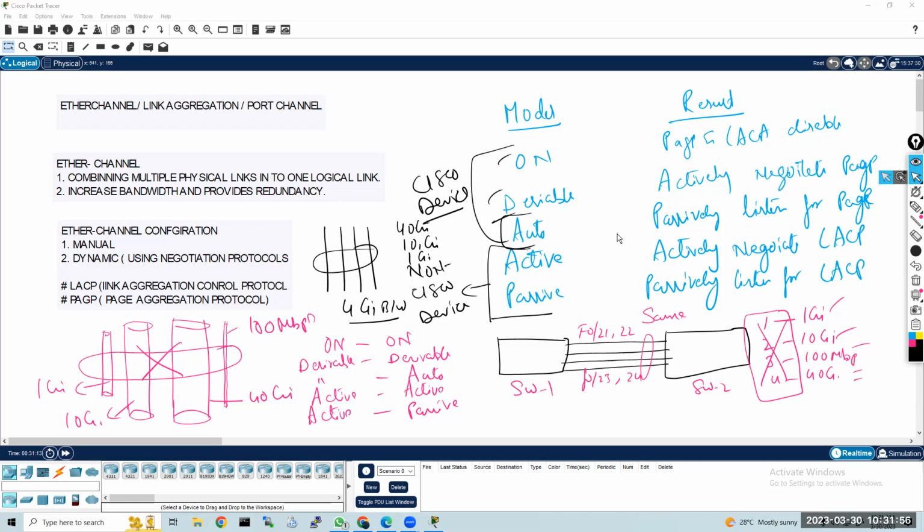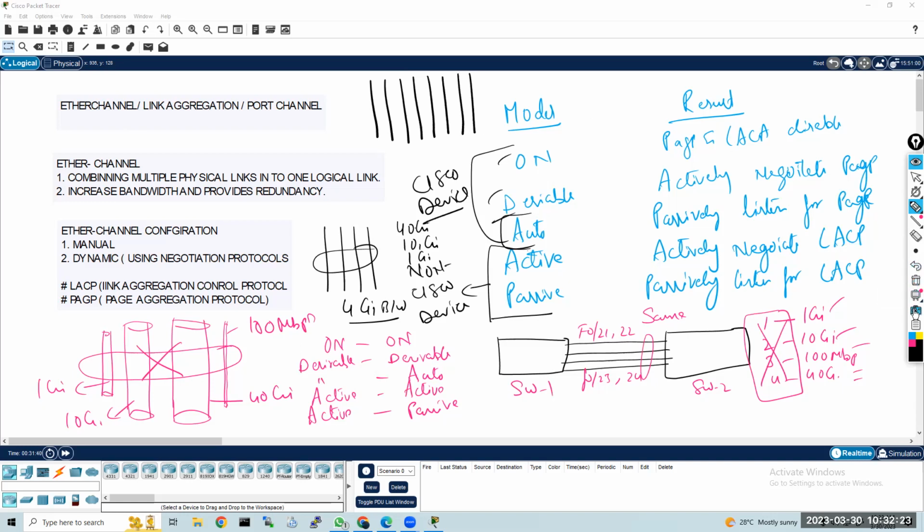Now you can ask me how many links we can connect. What is the limit? There should be a limit, right? So how many can we connect? Do you remember? 1, 2, 3, 4, 5, 6, 7, 8.